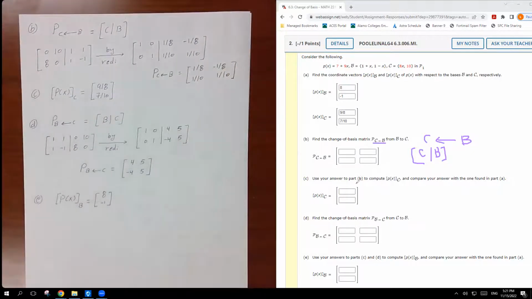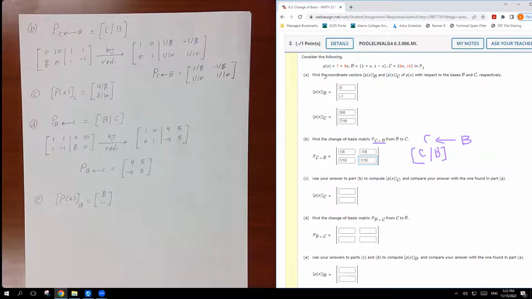So that's what we got here. We're going to type here 1 over 8, and -1 over 8, and then 1 over 10, and here 1 over 10. So this is the second part.